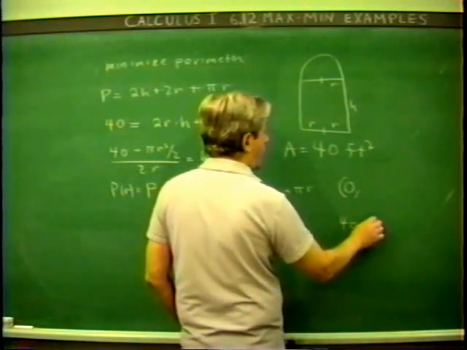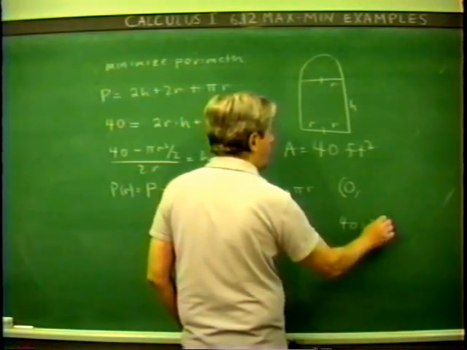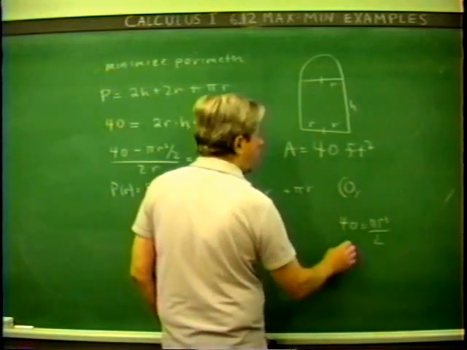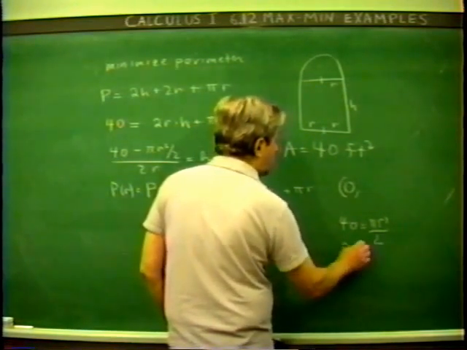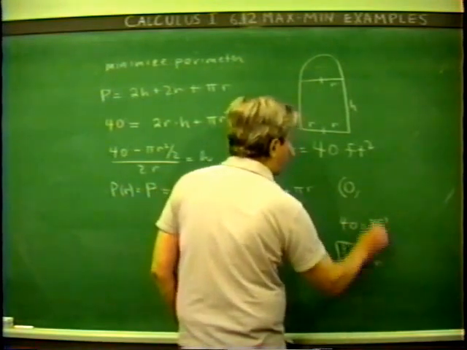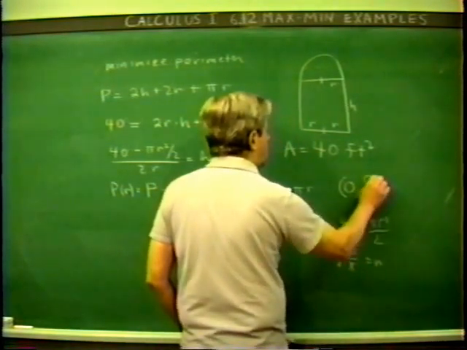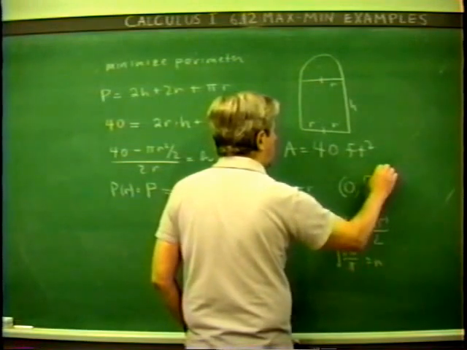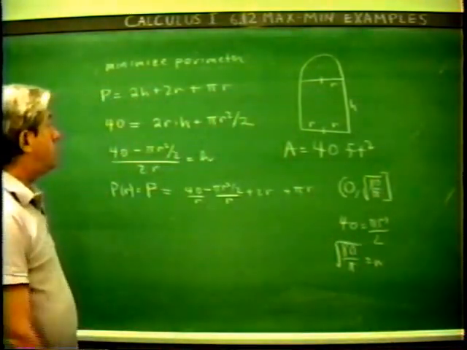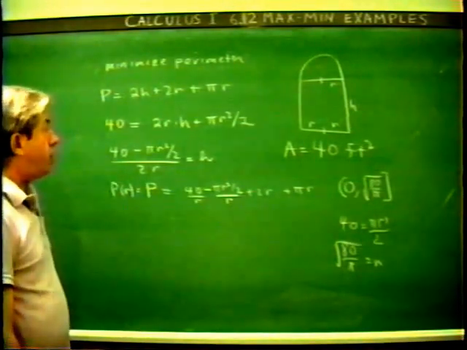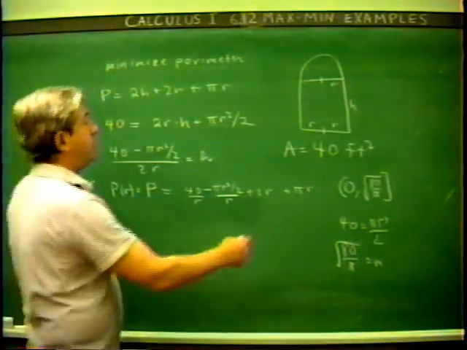That's to say, when 40, which is the area, is equal to pi R squared over 2, or when the square root of 80 over pi is equal to R. And that's a possible point to check.